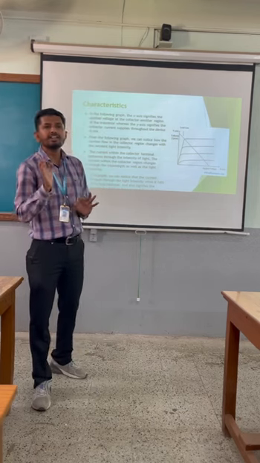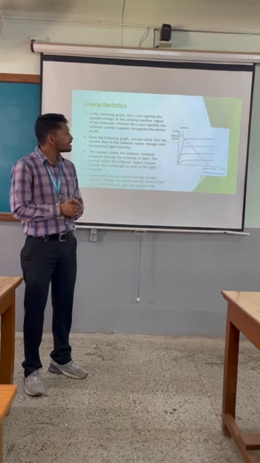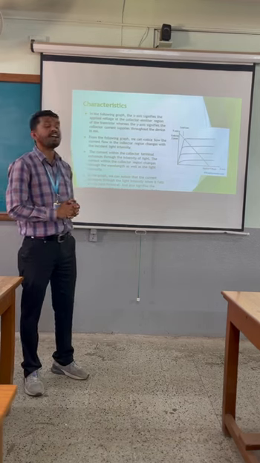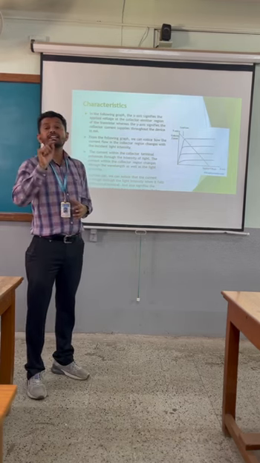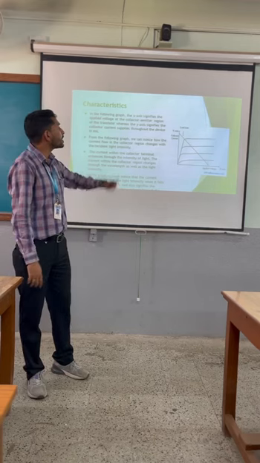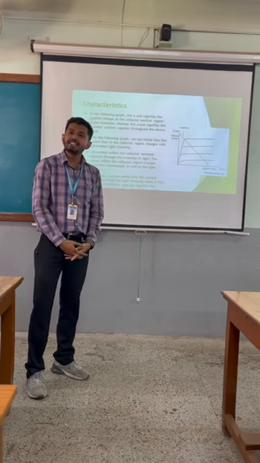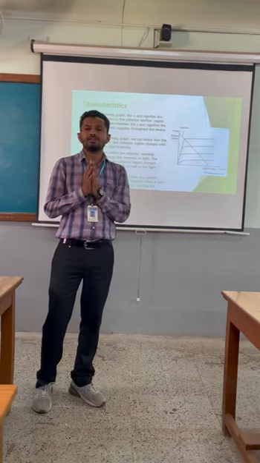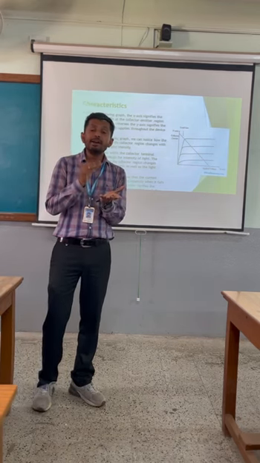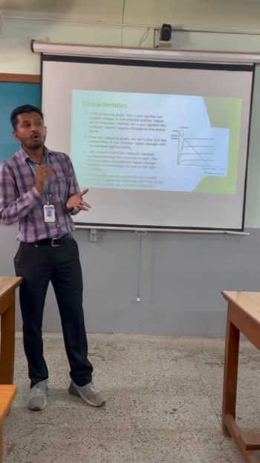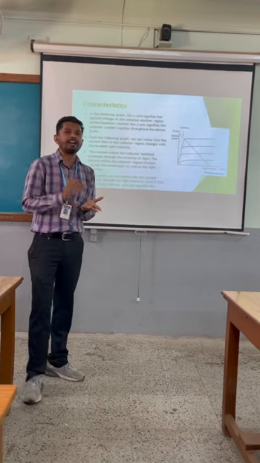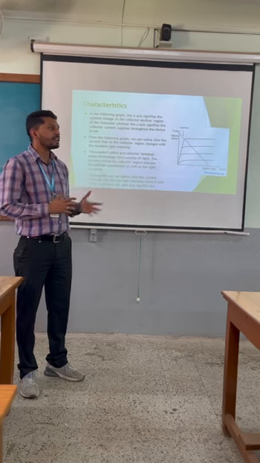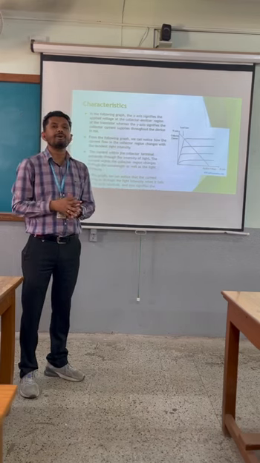On the x-axis is the collector-emitter voltage and on the y-axis is the collector current, and the base current is constant. Why? Because there is an emitter, collector, and base. The voltage across the collector and emitter and the collector current change, and the base current remains constant.